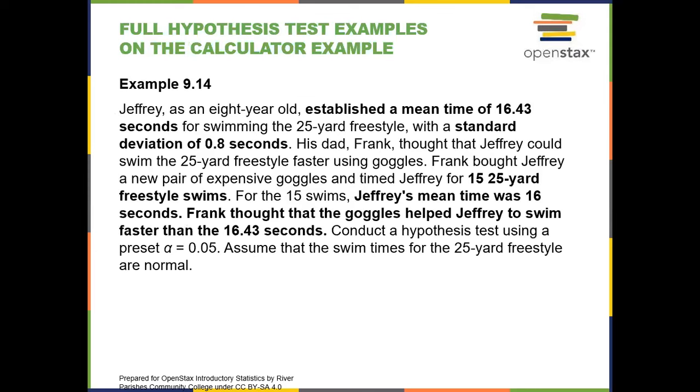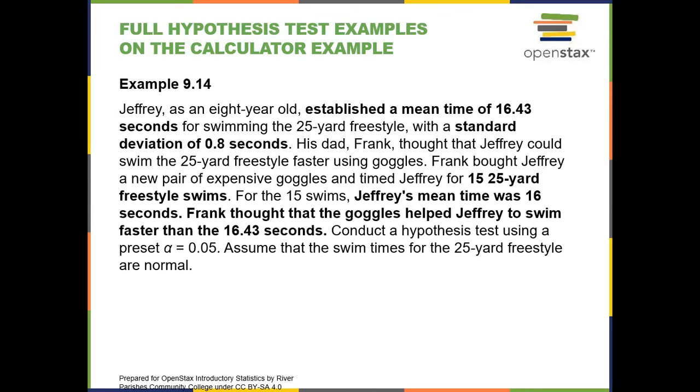Write an appropriate conclusion. Jeffrey, as an 8-year-old, established a mean time of 16.43 seconds for swimming the 25-yard freestyle, with a standard deviation of 0.8. So that's the population mean of 16.43 and population standard deviation of 0.8.